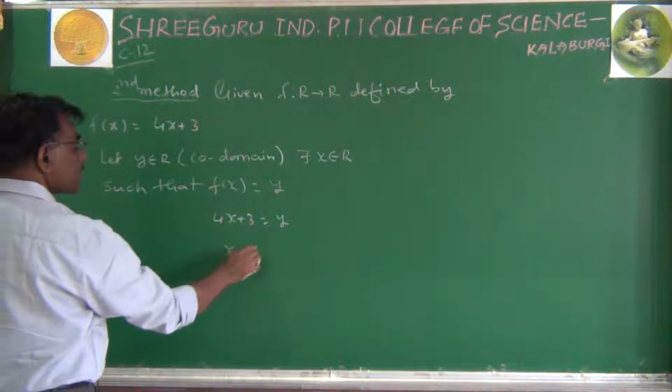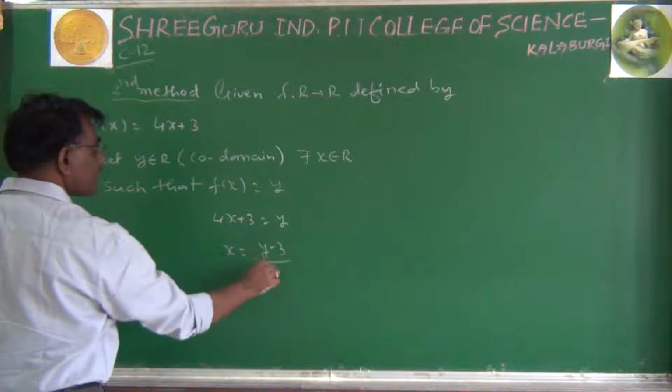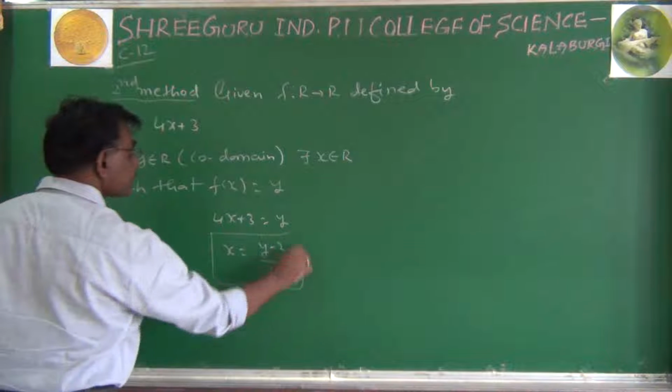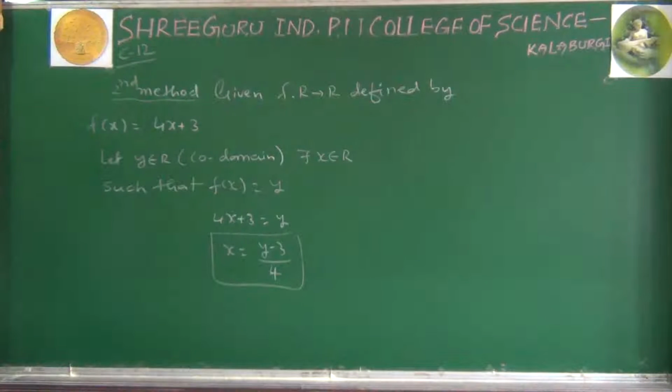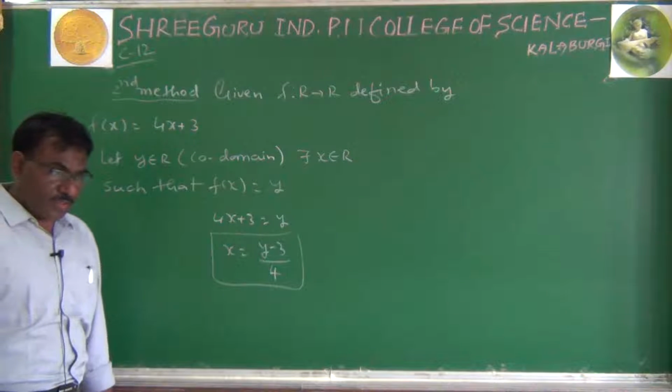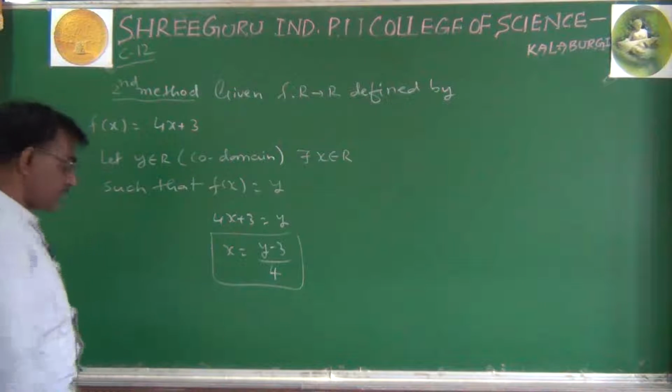So what is x? x equals y minus 3 by 4. Now you can write that inverse function.